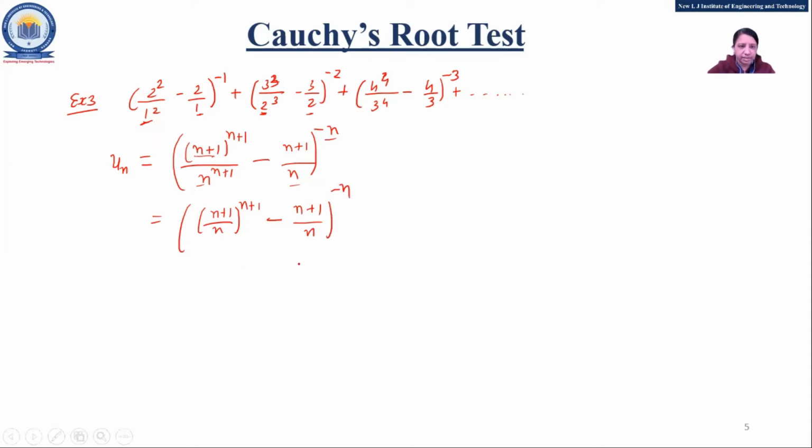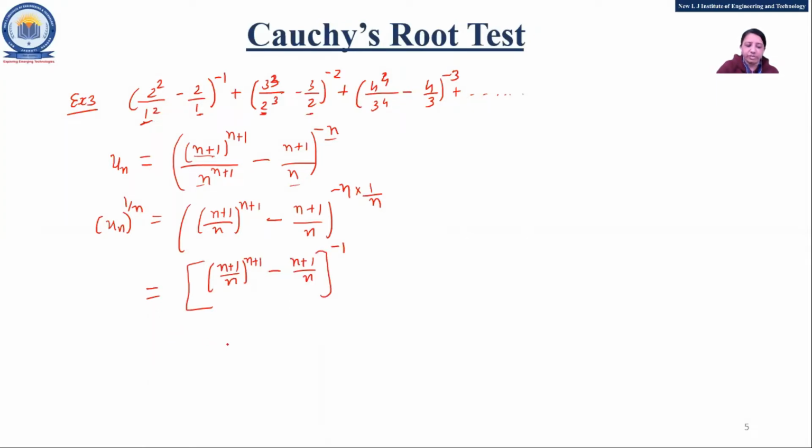So this is my series, right? Now we want un raised to 1 by n, so I'll write here un raised to 1 by n. Obviously it is multiplied with this. So what should be the answer for that? It is n plus 1 by n raised to n plus 1 minus n plus 1 by n, that is minus 1.